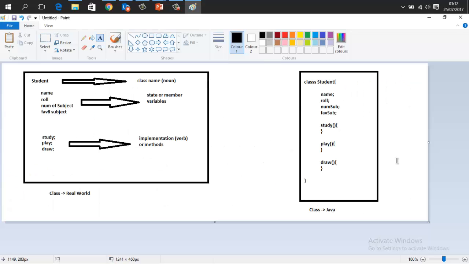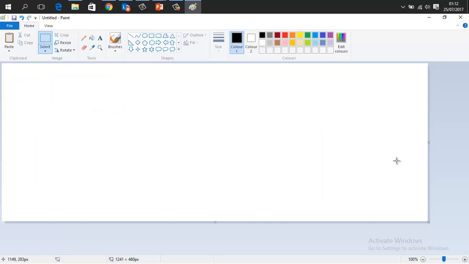So we have a class student with name, roll number, number of subjects and favorite subject. Okay, let us redesign this architecture in a different way. Let's say we have a class student here, the same class student.